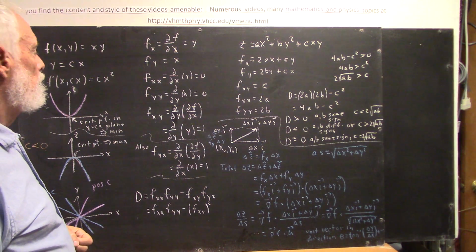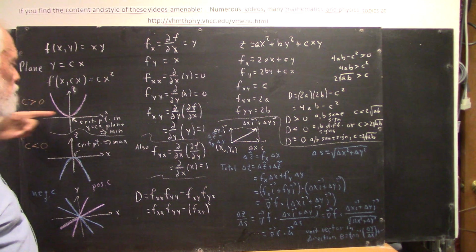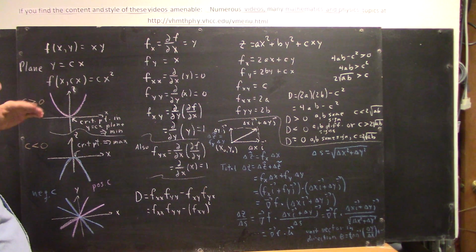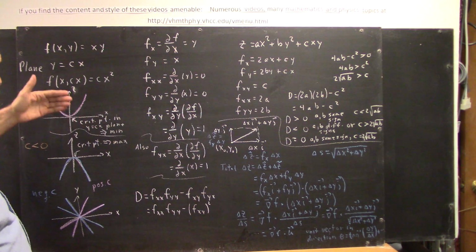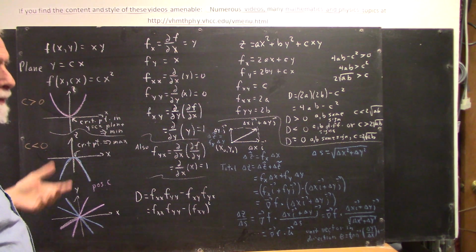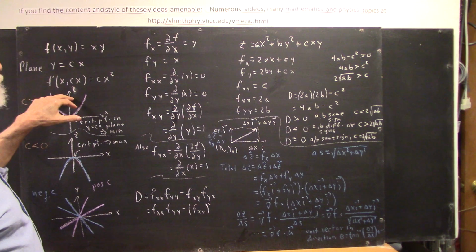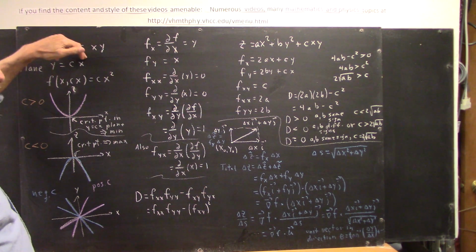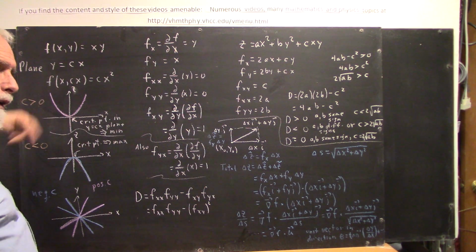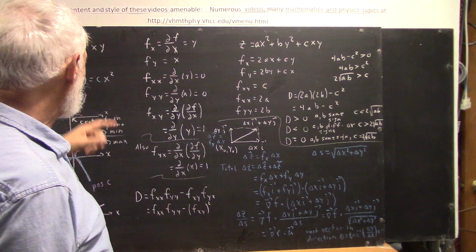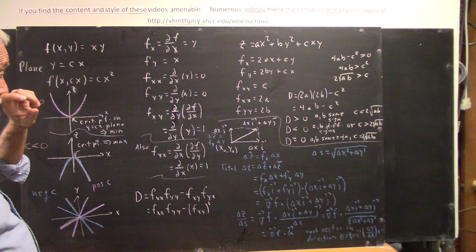Meaning that in the xz plane, this is an xz type plane where y equals cx, so it's not the xz coordinate plane. And maybe that's a little confusing the way I drew it.